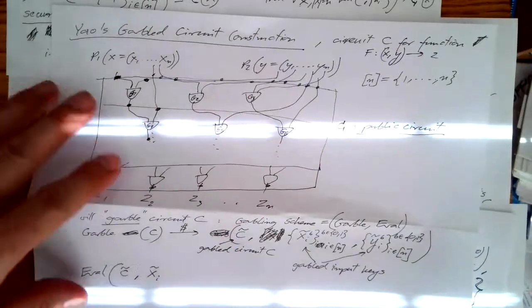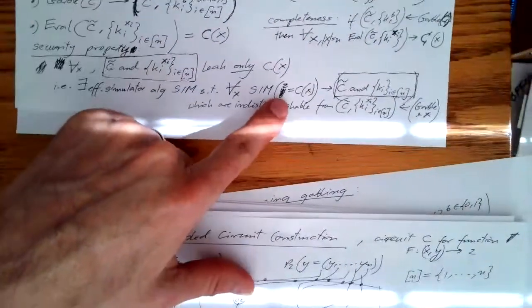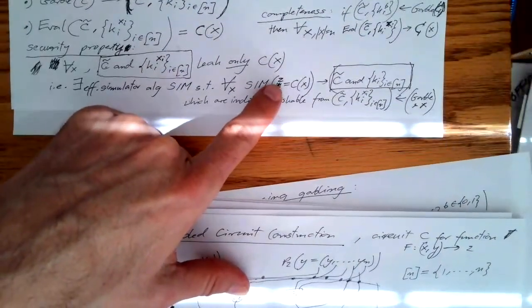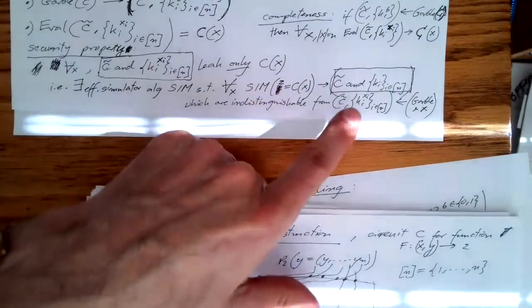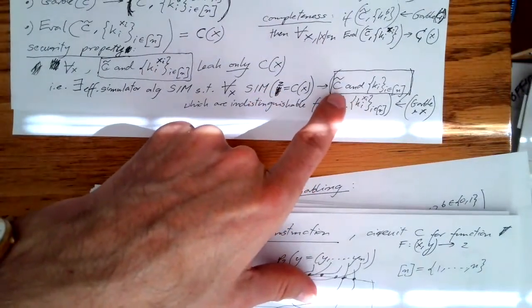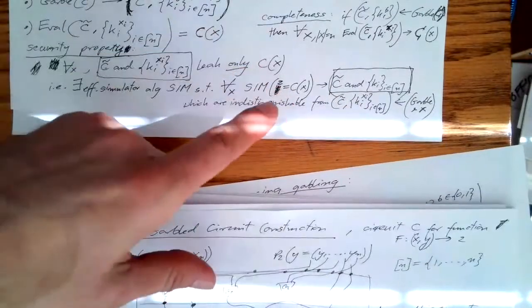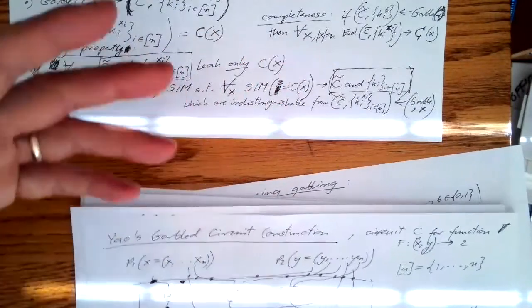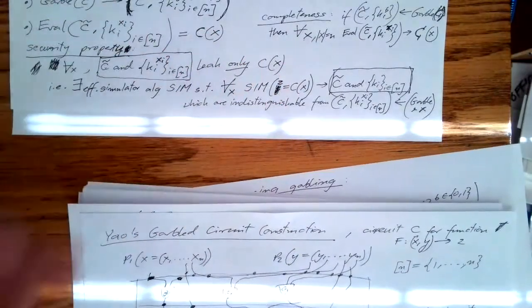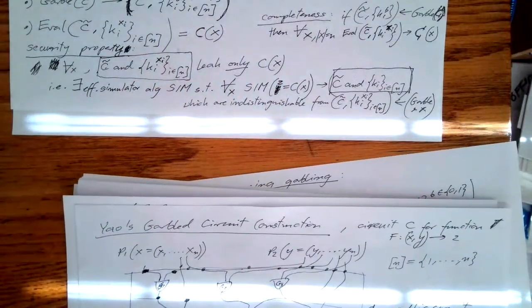It reveals more than what you would like from the security perspective, which is that you only reveal the outputs. Unfortunately, if I reuse the same garbled circuit, I cannot simulate from just the outputs of the circuit on these two input vectors.